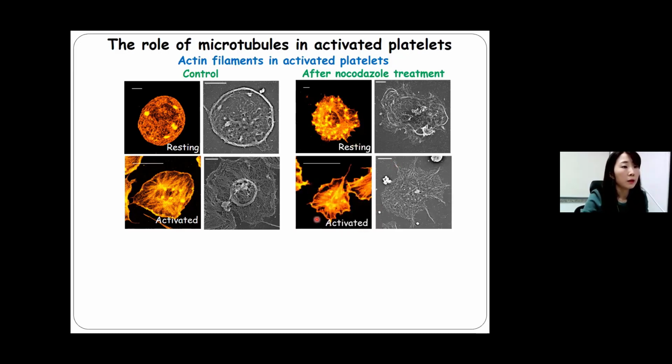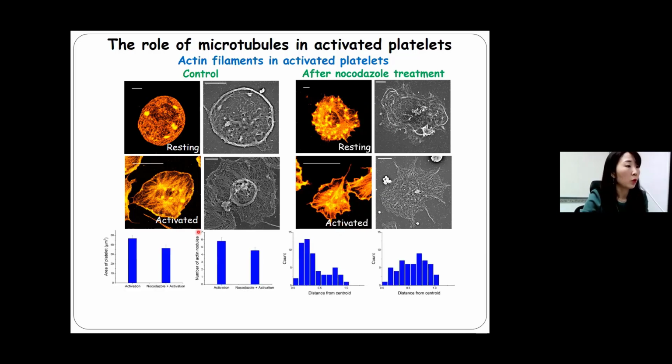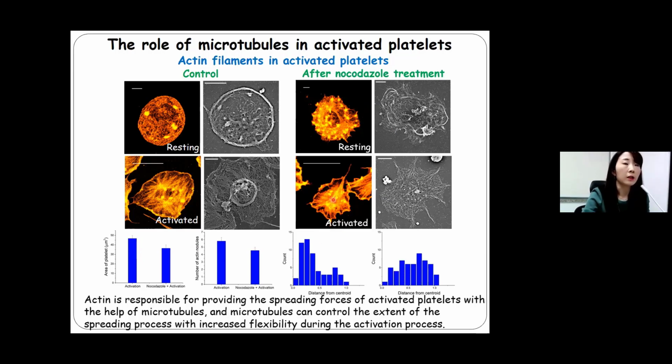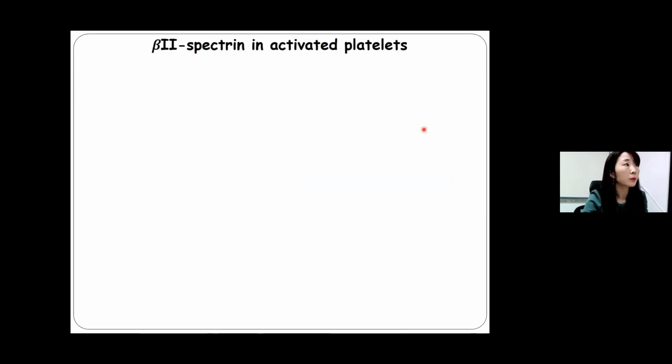And from the activated sample, we could observe a slightly shrunken platelet from the microtubule-depolymerized sample, with a smaller number of actin nodules like this. So we could conclude that the microtubule can control the actin nodules during this activation process with increased flexibility.